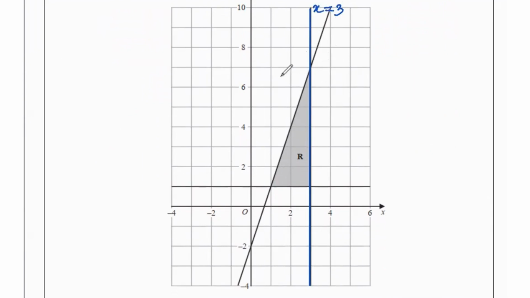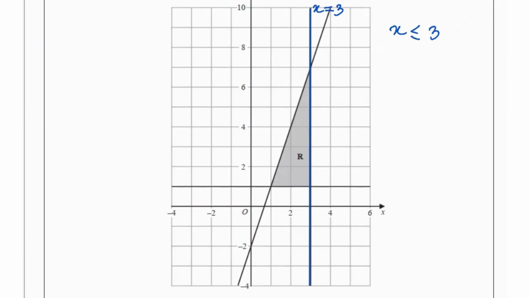If you look at the shaded part now, the shaded part is showing the values of x towards the left-hand side. That is where the values of x are decreasing. Whenever we have a solid straight line, that means it's going to be less than equal to or greater than equal to. And the less than equal to, the greater than equal to will be decided based on the shaded part. Since it's going towards the left side, that means it's less than equal to 3.